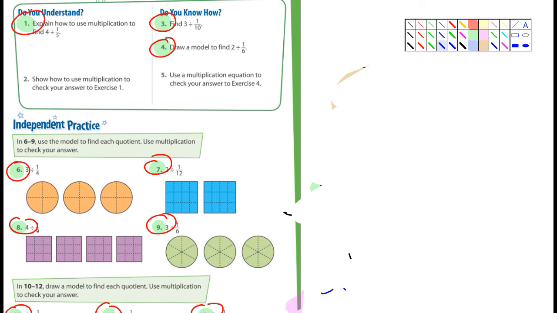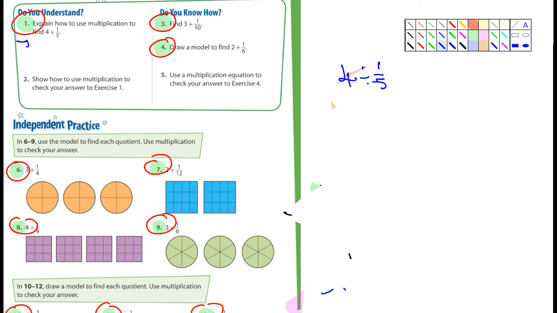Number one, for starters, is explain how to use multiplication to find 4 being divided by 1/5. Well, you guys remember the examples that I gave you from today, and then I uploaded a video talking about dividing whole numbers by fractions.